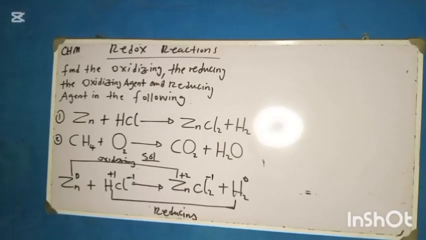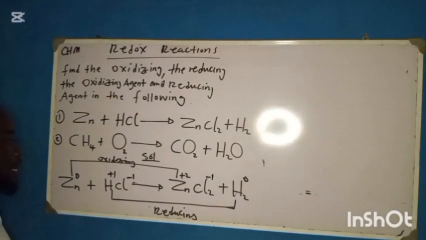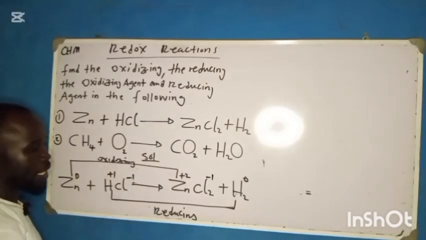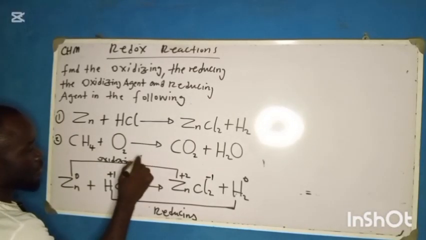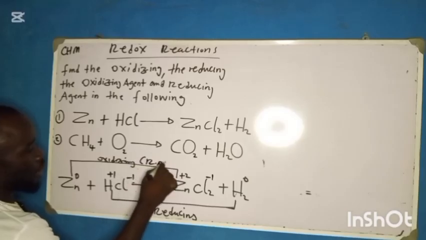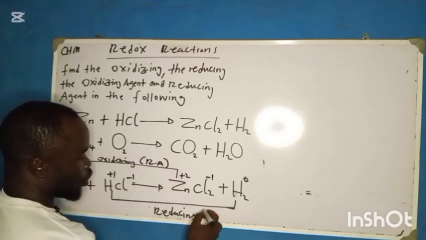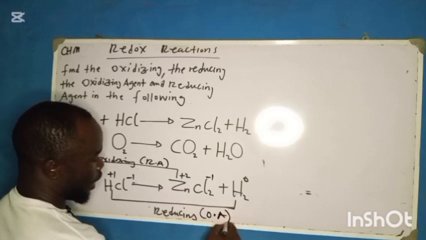Then the second thing is the oxidizing agent. Any element that oxidizes automatically becomes the reducing agent, and an element that reduces becomes the oxidizing agent.